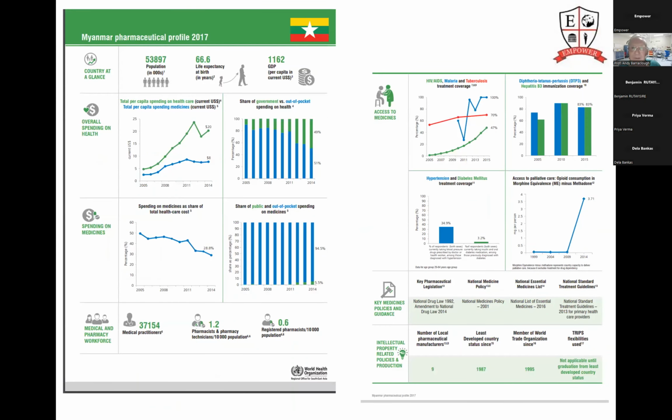Here's an example. This is from Myanmar, used to be called Burma. Per capita spending, how much HIV/AIDS, what's the treatment, spending on medicine, all this kind of information is there, which can be drawn on to put into your PSM plan.